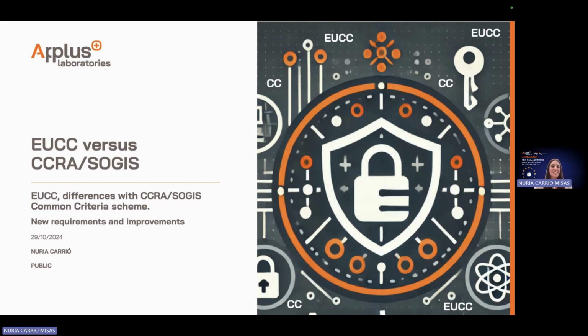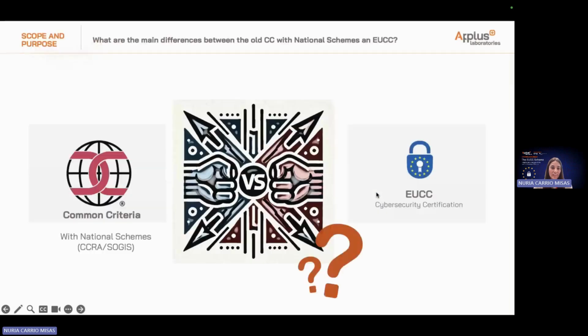Okay, so let's dive right into our topic. Today, we will be exploring the differences between the CCRA and SOG-IS schemes, also known as the national schemes on Common Criteria, and the new EUCC scheme.